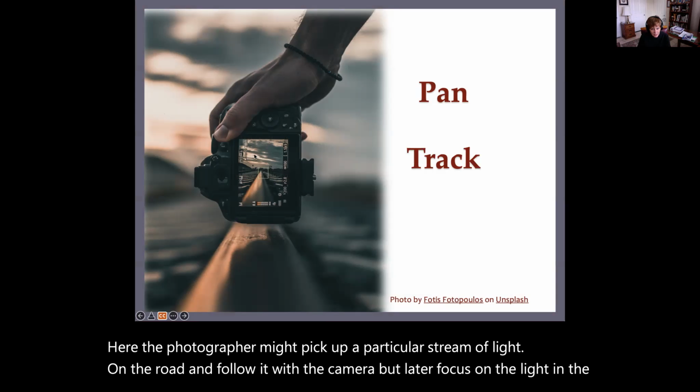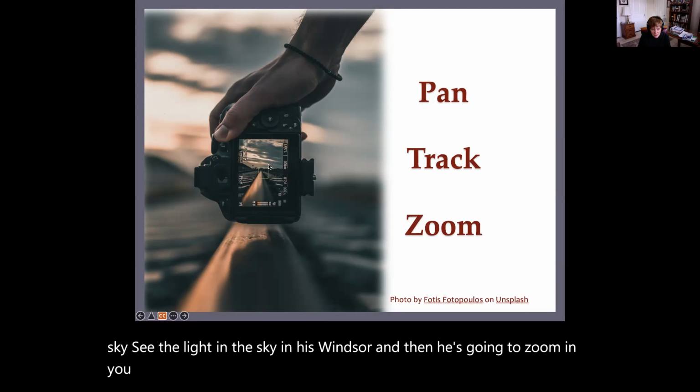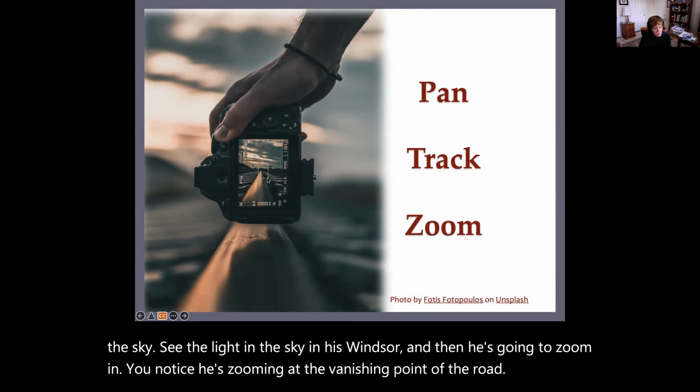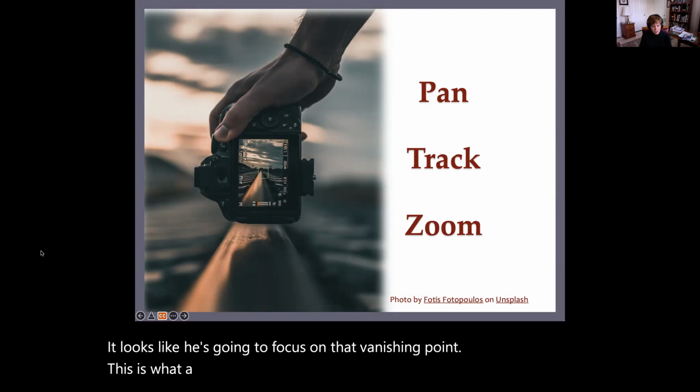See the light in the sky in his lens there? And then he's going to zoom in. You notice he's zooming in at the vanishing point of the road. It looks like he's going to focus on that vanishing point. This is what a writer or presenter is doing in an analysis.